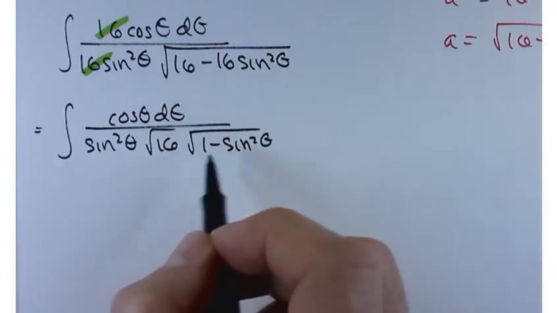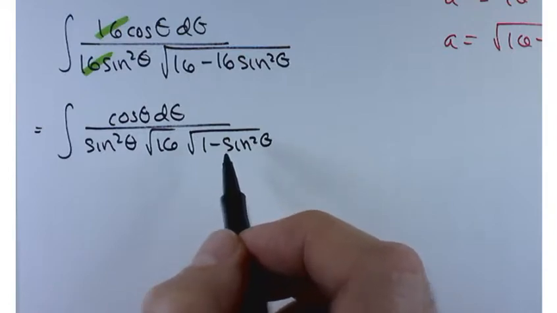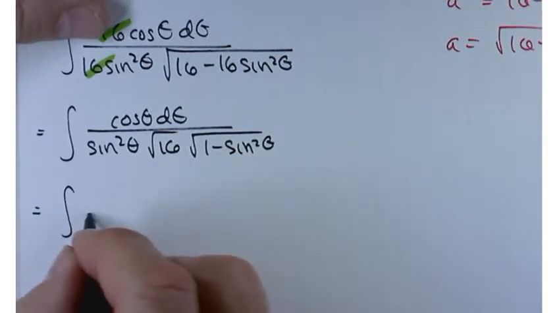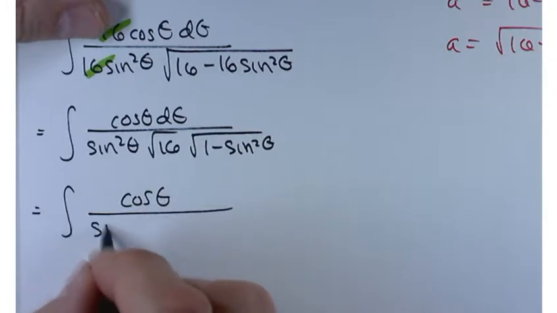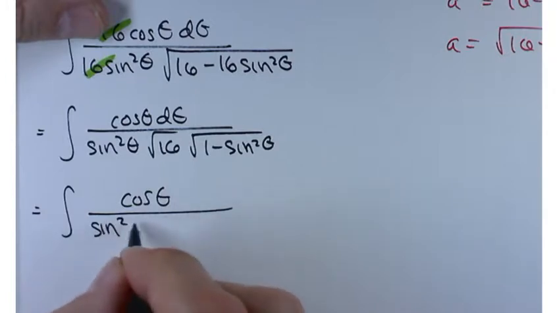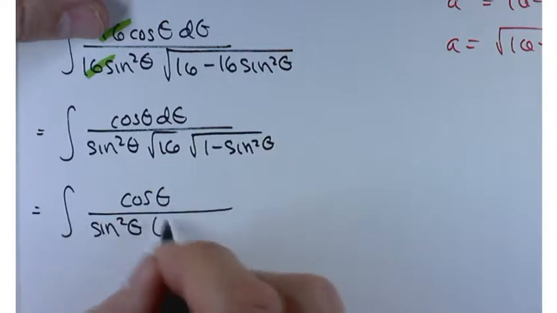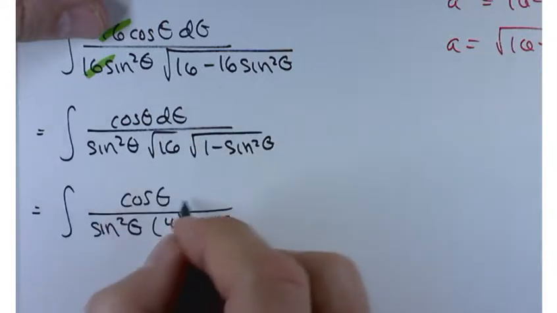And what's the square root of cosine squared? Cosine. So let's take a look at what we're going to get here. It's going to be cosine of theta, sine squared of theta times 4 times cosine of theta, and then there's still a d theta up here.